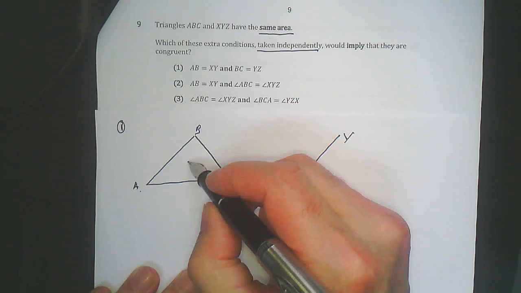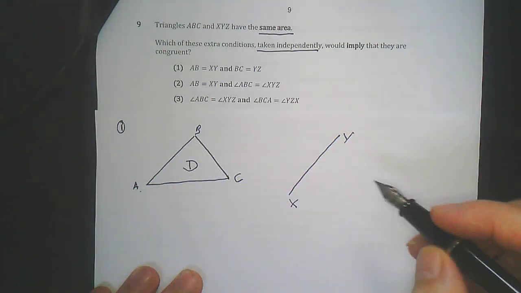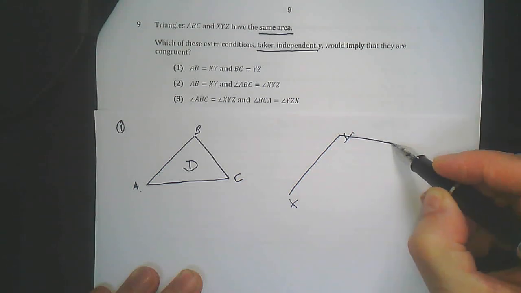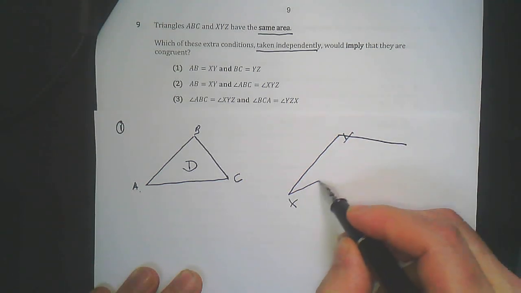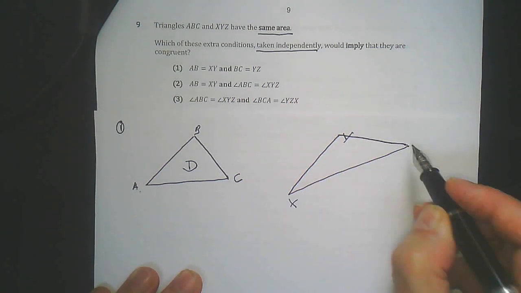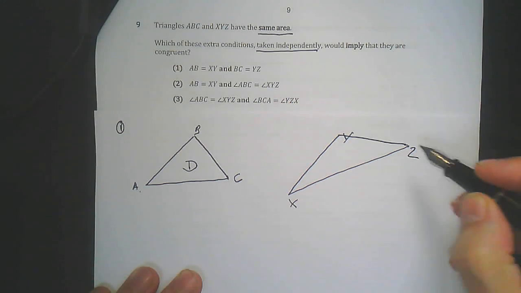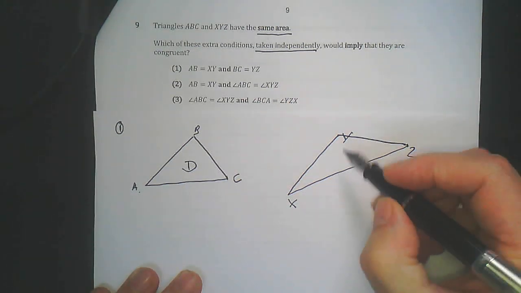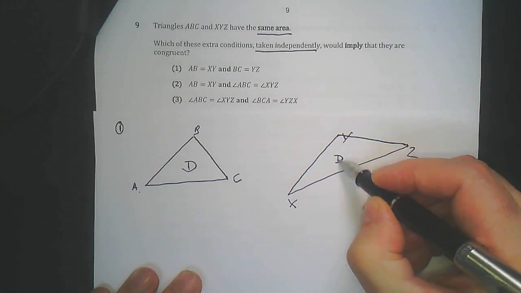I'm going to have an obtuse angle at Y, rather than the acute one. So this is Z, but YZ is the same length as BC, and I'm going to say the areas are the same.